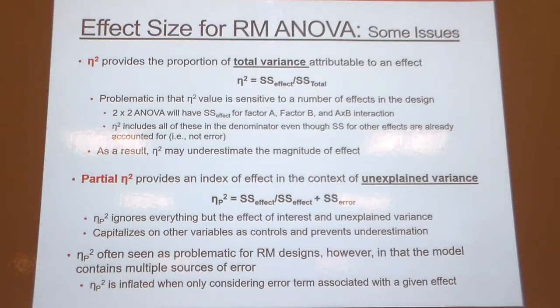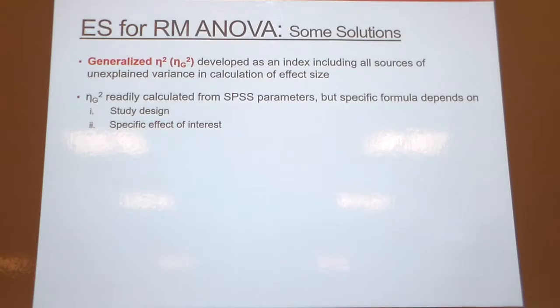And so people have suggested calculating a generalized eta squared. With generalized eta squared, you're accounting for all sources of unexplained variance when you're calculating your effect size.